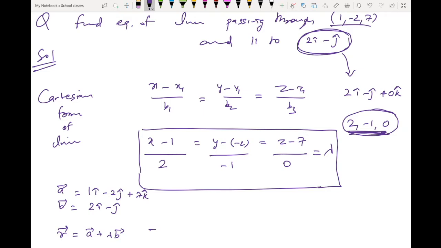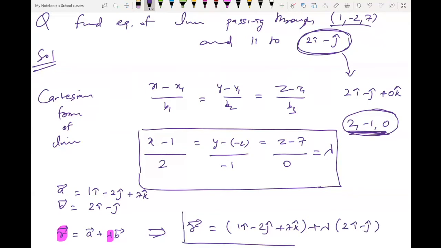Whenever you write this formula, r vector will be r vector only, lambda will remain lambda only. Just put the values of vector a and vector b. So r vector equals 1 i cap minus 2 j cap plus 7 k cap plus lambda times 2i minus j cap. So this is the vector equation of line.